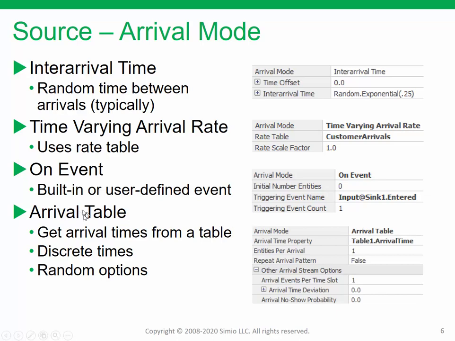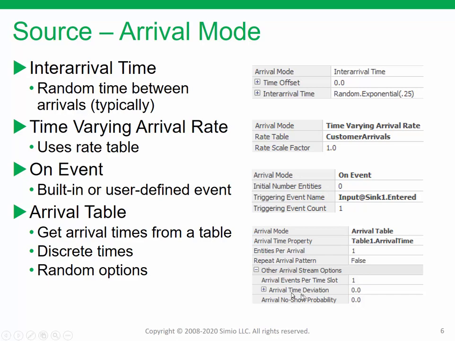And finally, we have an arrival table, in which case we specify specific arrivals in a table, and those tables include the arrival time, which is the arrival time property here. So the table 1 arrival time column specifies the time of an arrival, and when that simulation time happens, an arrival is triggered. Note also that we have several different options for arrival table which let me deviate.